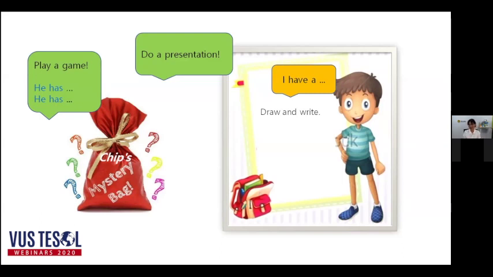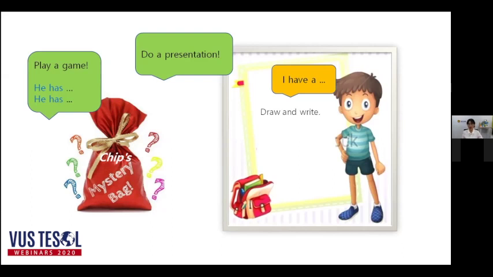Can you make a sentence? He has... So what do you think he has in the bag? Any answers? He has a ball. Oh, no, sorry, he doesn't have a ball. He has an apple. No, sorry. He has an orange. No, sorry.